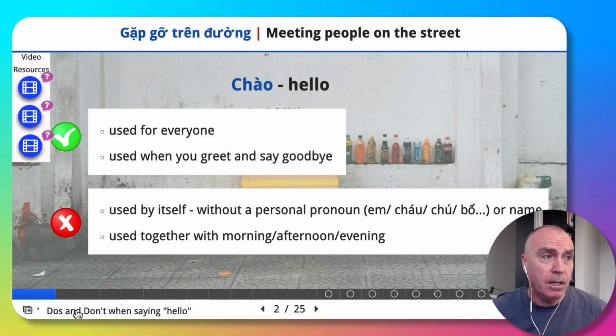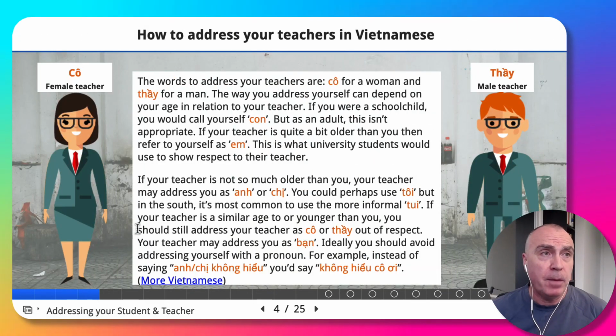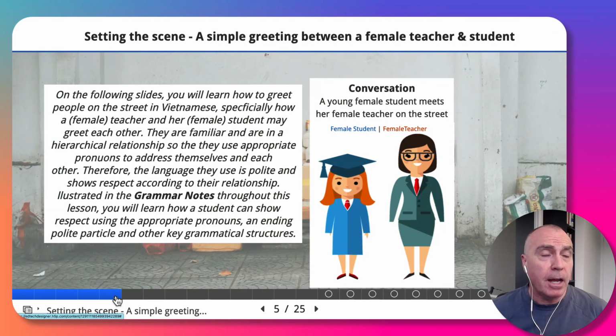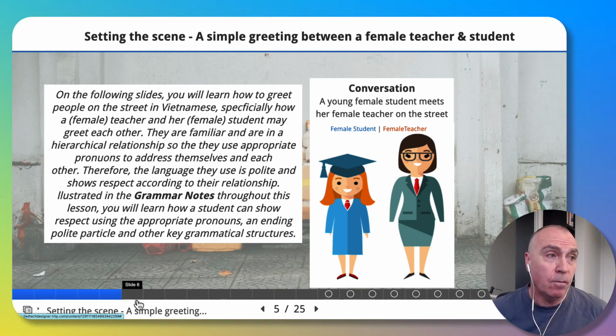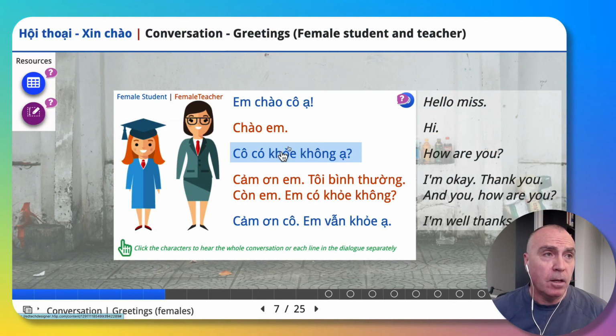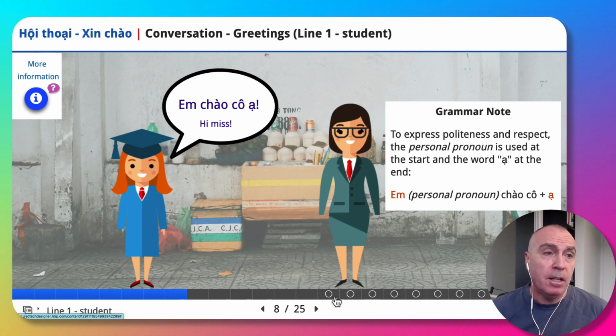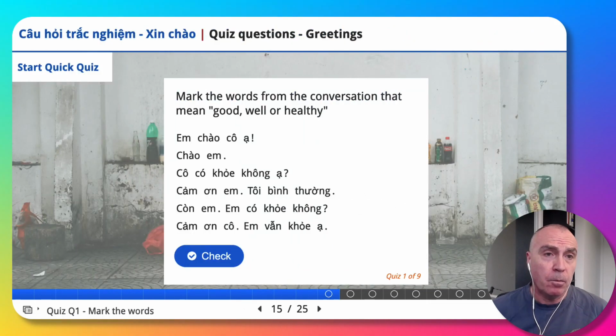You can see the embedded video here, grammatical notes, cultural explanations about the language, and also notes about how to navigate the context of this conversation too. Vocabulary here, and also the actual exchange, the conversation. On the next screen it just goes into the first exchange. Em chào cô ạ. And then there's quizzing later on, so it's quite a comprehensive lesson.